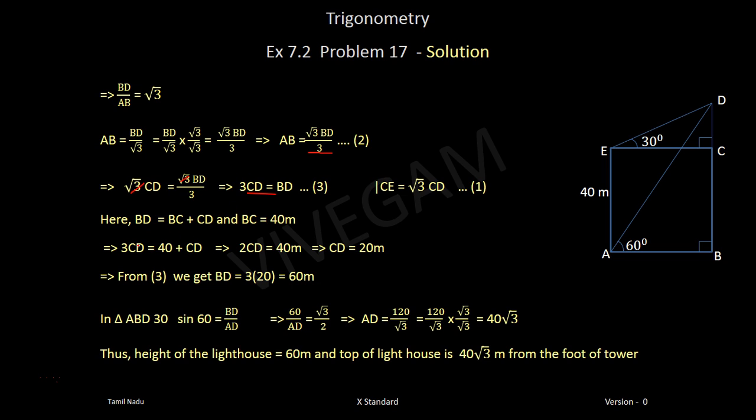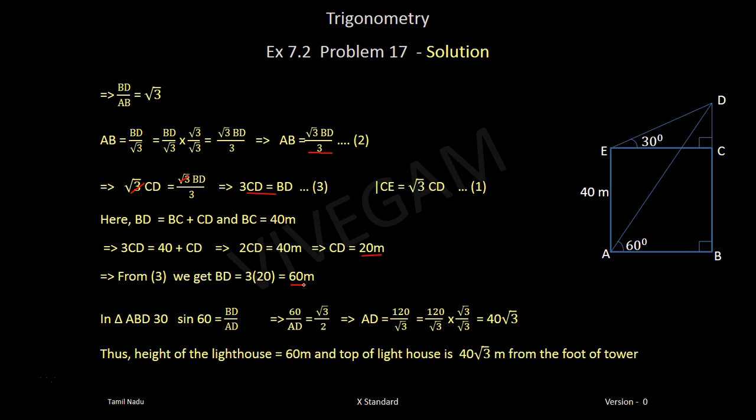So substitute that here. So we'll get 3CD equal to BC is 40 plus CD. So which means 2CD will become 40 and CD equal to 20 meters. And if CD is 20 meters, you know BD is 3 times CD. So BD is 3 into 20, that is equal to 60 meters.